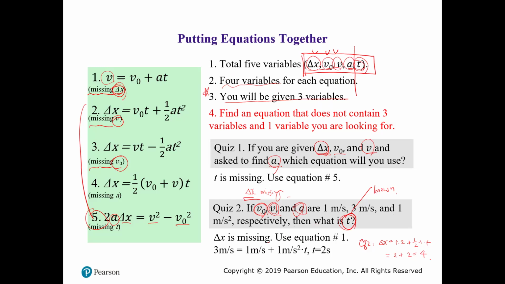Then you choose the equation having these 4 parameters, or the equation without t. So then you find a, and now you have 4 knowns. Now the last parameter is your last unknown. And then choose another equation to find the t. So at the end, you initially start with 3 known parameters and then find the other 2. So at the end, you know all 5.